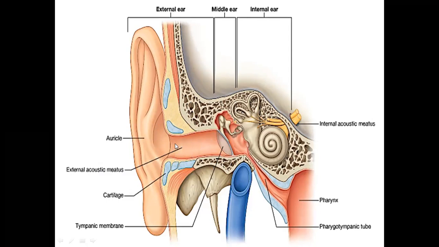Now, once you move from external ear, you will be reaching the middle ear. So, middle ear is like a hexagon structure, like a cube where you have 6 sides. So, it has roof, floor, lateral wall, medial wall, anterior wall, and posterior wall. Okay.